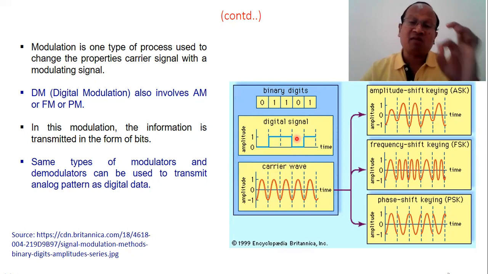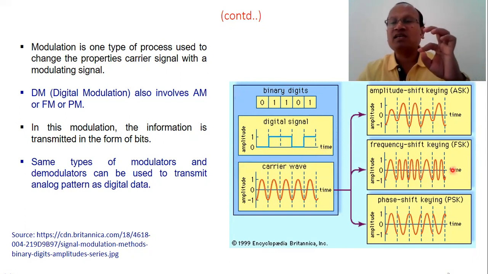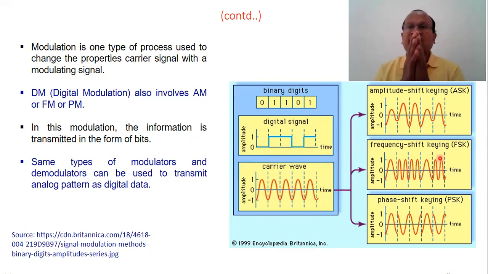Whenever the bit again becomes low, that is 0, you can see here the frequency remains the same. And again, when it becomes 1, you can see that the frequency has increased. Is it not interesting? It is very interesting. If we have understood the concept of frequency modulation, this is the same way FSK works.